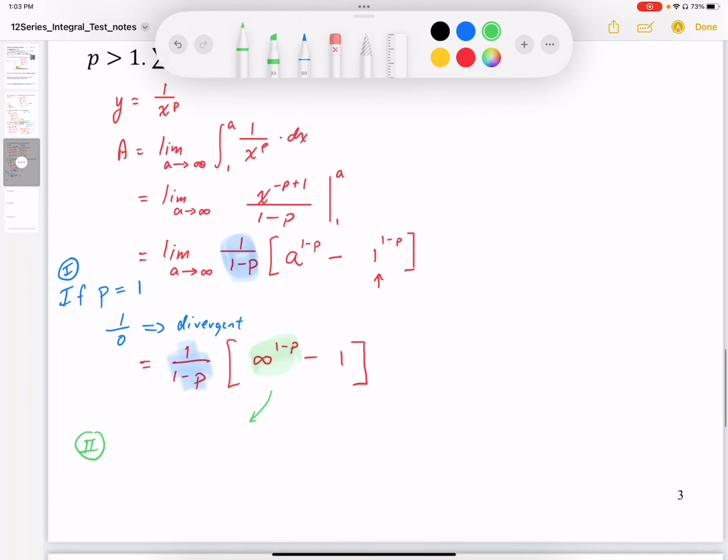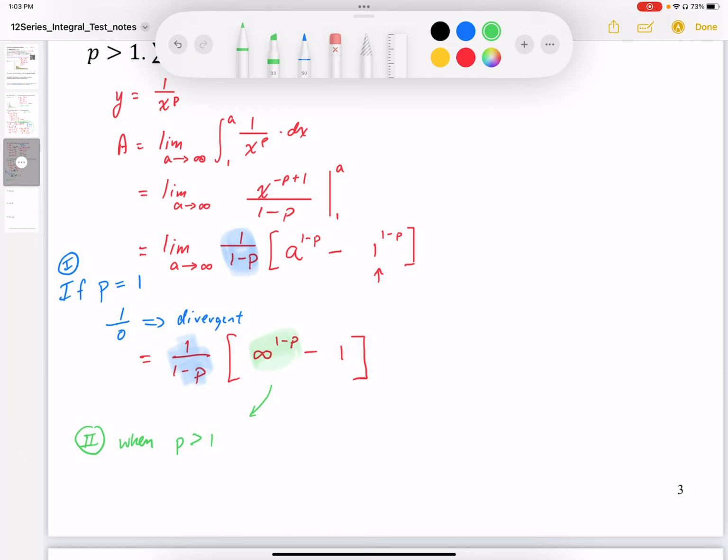If p is bigger than 1, let's say when p is greater than 1, what's going to happen to that expression? We're going to end up with 1 minus p being less than 0. If p is greater than 1, 1 minus p is going to be less than 0.